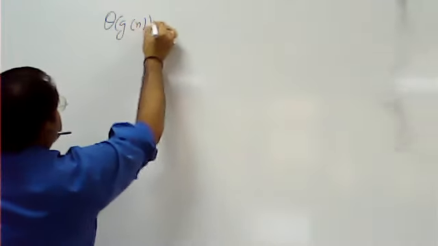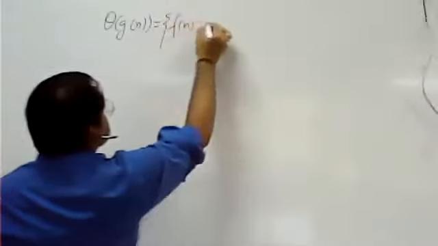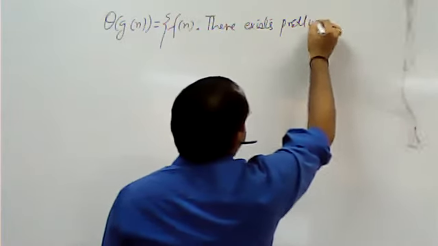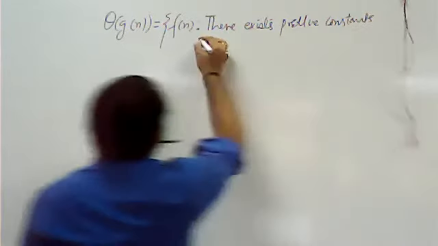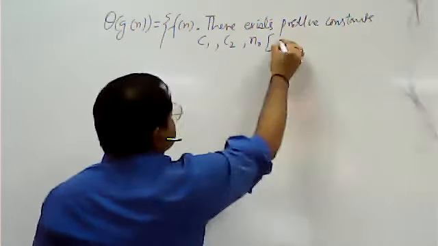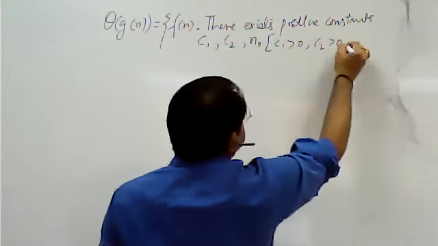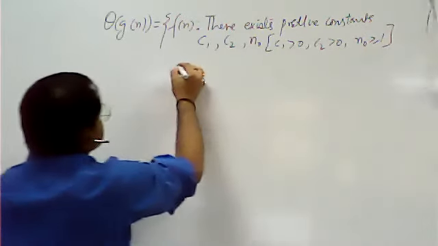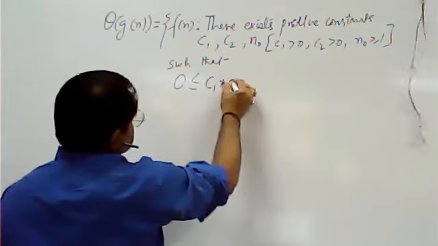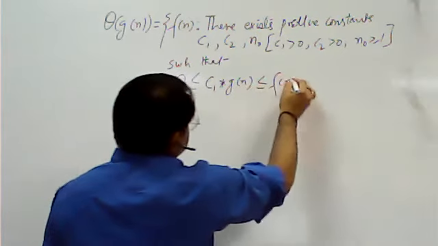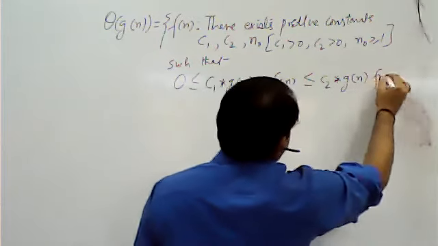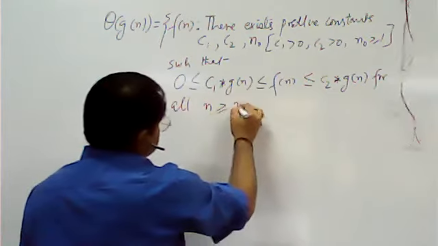Theta of Gn is equal to Fn such that there exist positive constants C1, C2 and n naught, C1 greater than 0, C2 greater than 0, and n naught greater than or equal to 1, such that 0 is less than or equal to C1 into Gn, which is less than or equal to Fn, which is less than or equal to C2 into Gn, for all n greater than or equal to n naught.